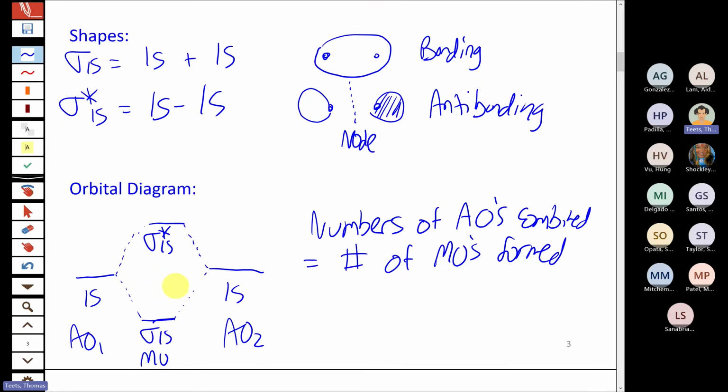We fill lowest energy first, then go to higher energy. And in situations we'll see later where we have two orbitals at the same energy level, we fill those one at a time first before pairing them up. So all the rules that we learned for atomic orbitals still apply once we have a set of molecular orbitals to populate. Once we populate those molecular orbitals, we'll give those results here in a little bit.